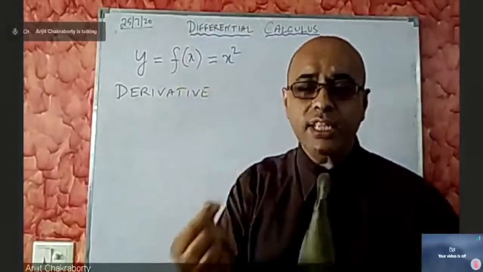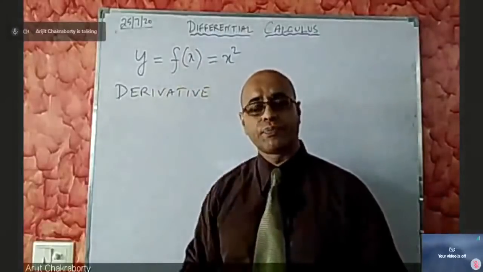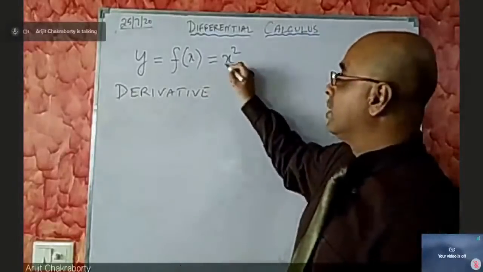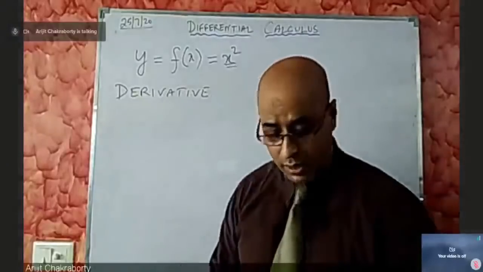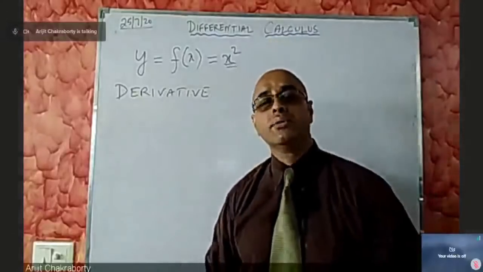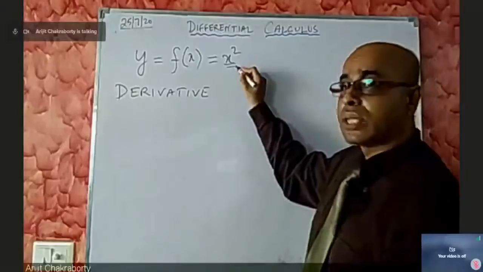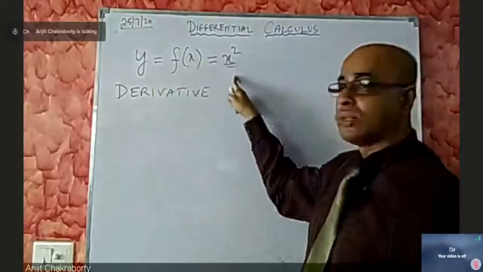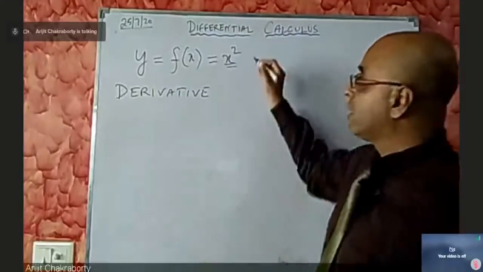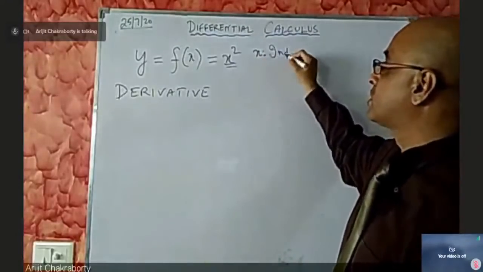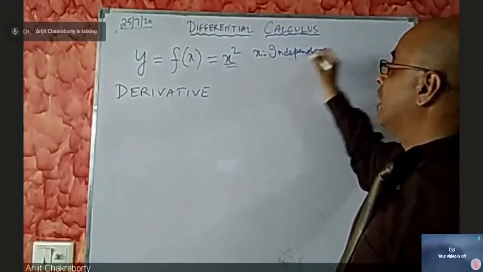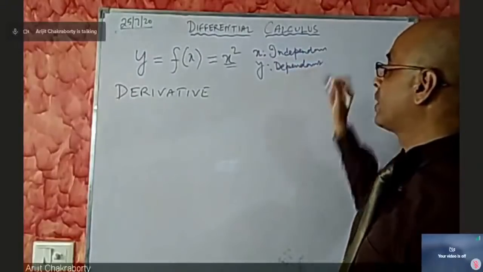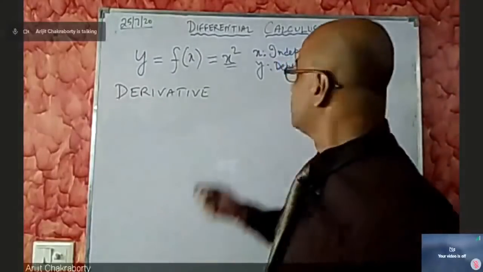Here x is the independent variable because x can assume any values, but whatever values x assumes, the value of y will depend on the value of x. So here x is the independent variable and y is the dependent variable. Okay, so we have independent and dependent variable.